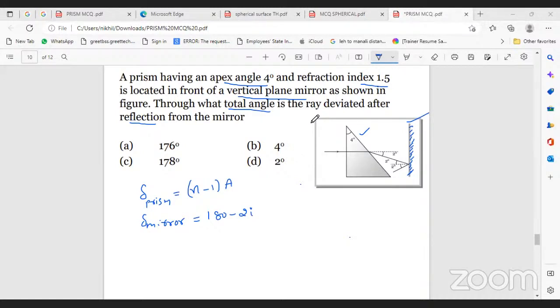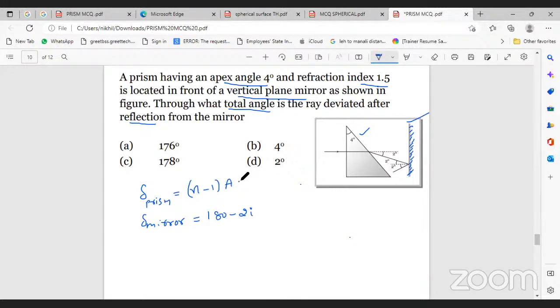Now they are asking you to find the total deviation, right? Here deviation is taking place because of the prism and also because of the plane mirror. What is the deviation formula for the prism?